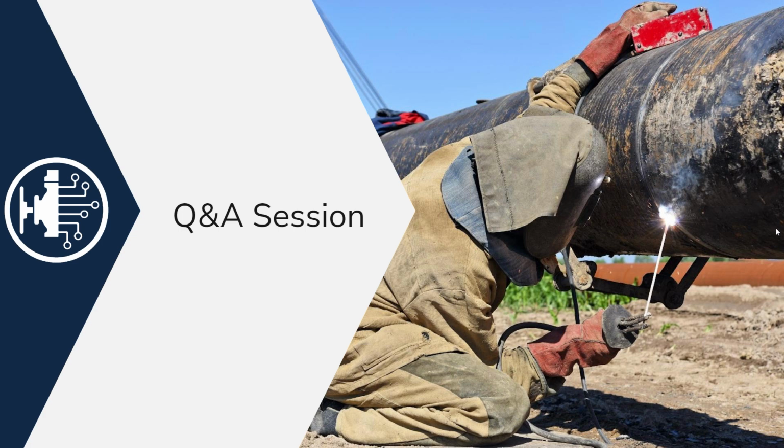Because of that ease of use, it doesn't make it simpler. It just makes it in a way that pipeline engineers understand, versus being a power person designing substations. That's the difference. It's meant for people designing pipelines, not substations.